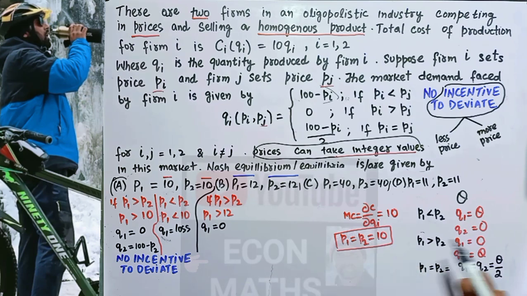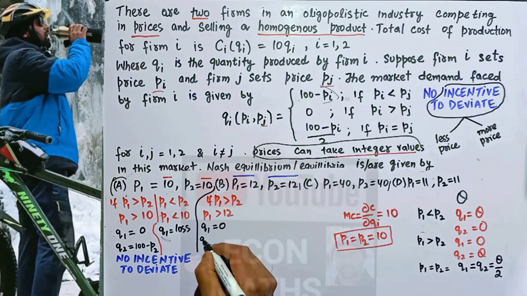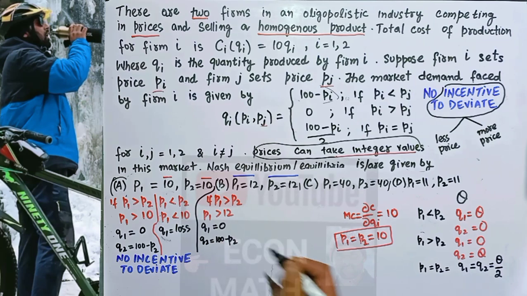I have told you whosoever charges less price gets all the market, and Q2 will get all the market, that is 100 minus P2.